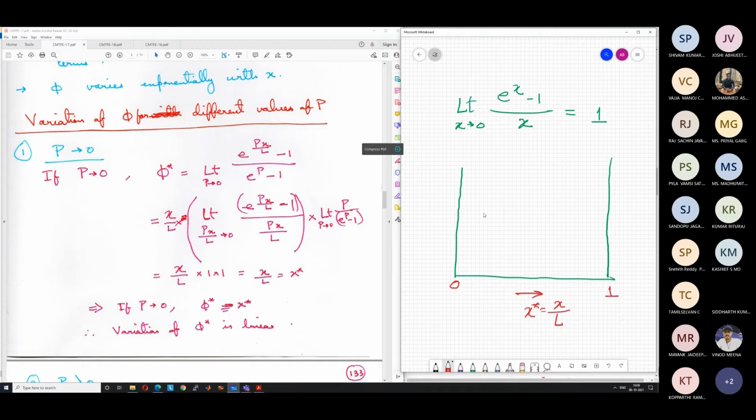And this is the value phi star. Phi star is equal to 0. And basically this is phi star.